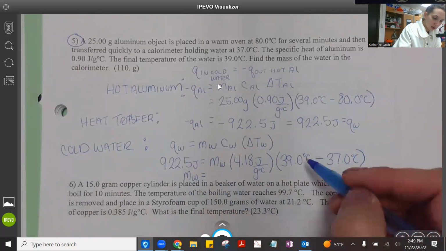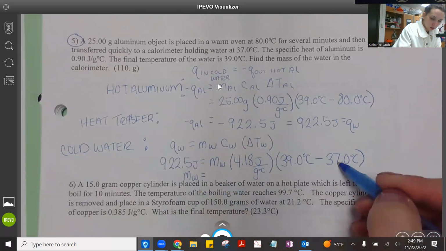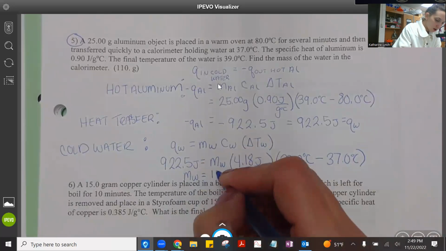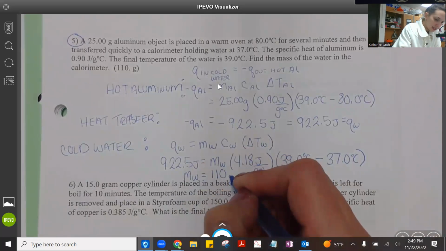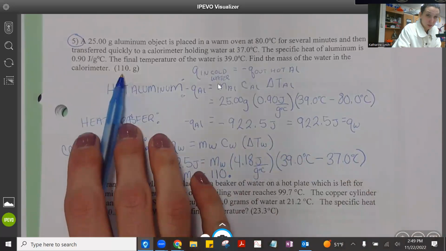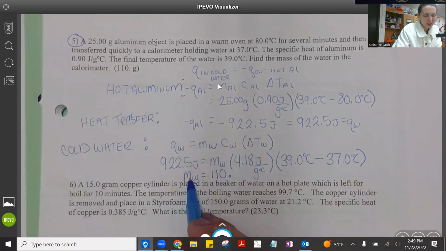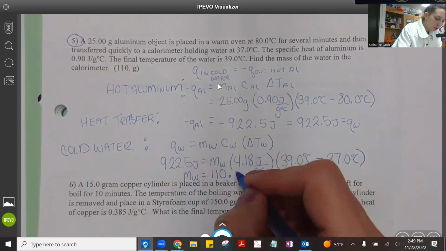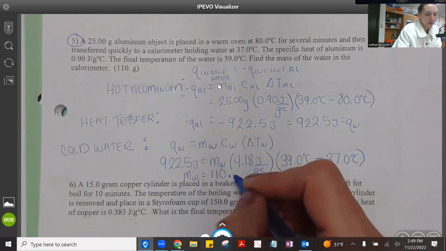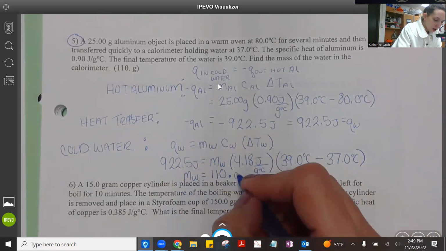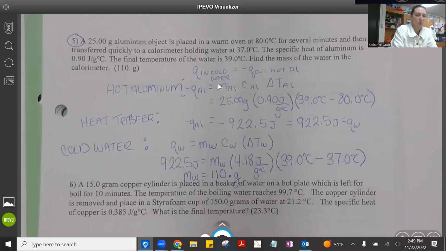Your delta T gives you 3 sig figs, 1, 2, 3, and it matches up here, and it's mass. That's why I sometimes keep the X off, because mass helps me remember what unit I need. If I just have the M, I know it's grams. If it's an X, I got to go back and figure out what I was solving for again. But 3 sig figs after my algebra is 110 grams.